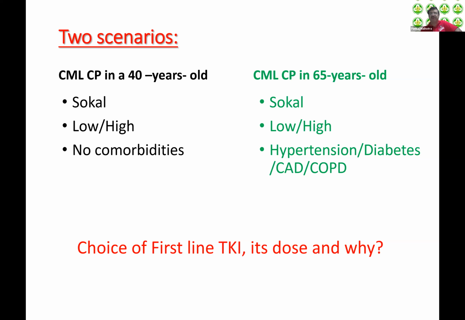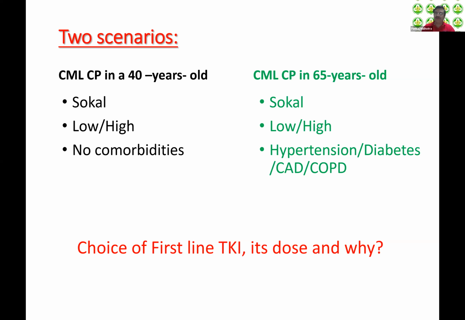And if it is high score, I think I'll convince the patient. But the problem here is the patient is having all the comorbidities: hypertension, diabetes, COPD, or one by one. I don't know, but you have mentioned everything. If all these are there, I think I'll choose only imatinib. So if it is only diabetes, I'll try to avoid nilotinib, because nilotinib will cause hyperglycemia.